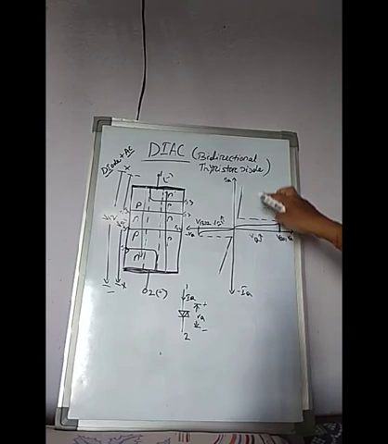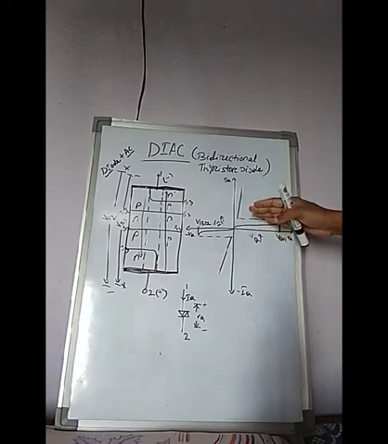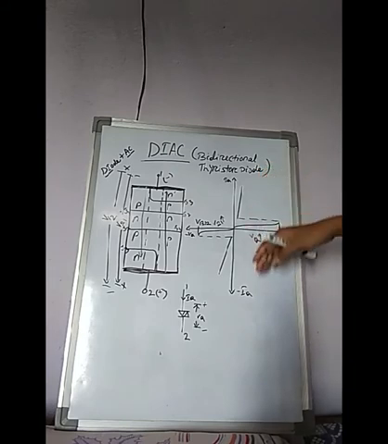Whatever graph is in the forward direction, the same graph is in the reverse direction also. So that's why it is a symmetrical structure. Whatever the graph in the forward direction, the same will come in the reverse direction.